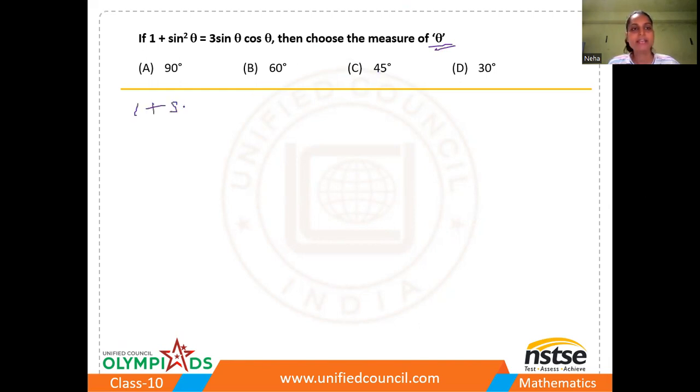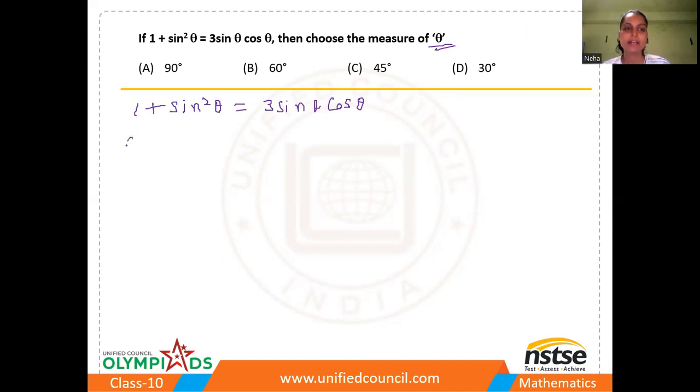To find the value of theta, one relation is given, which is 1 plus sine square theta is equal to 3 sine theta cos theta. Correct? So what can I do in this question? I can convert the 1 into sine and cos terms, because every term is given in the form of sine and cos except 1.